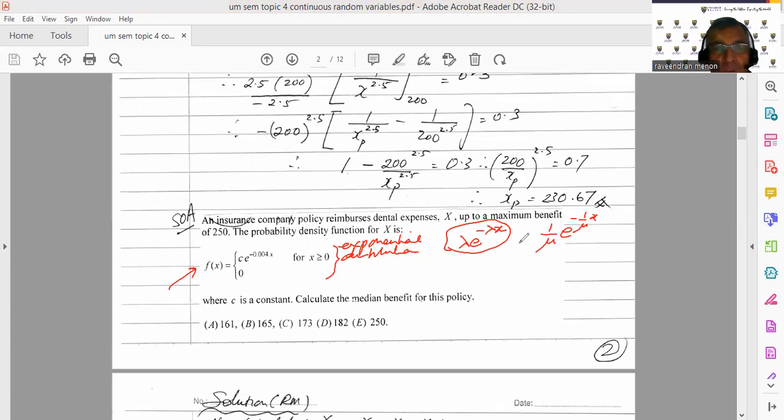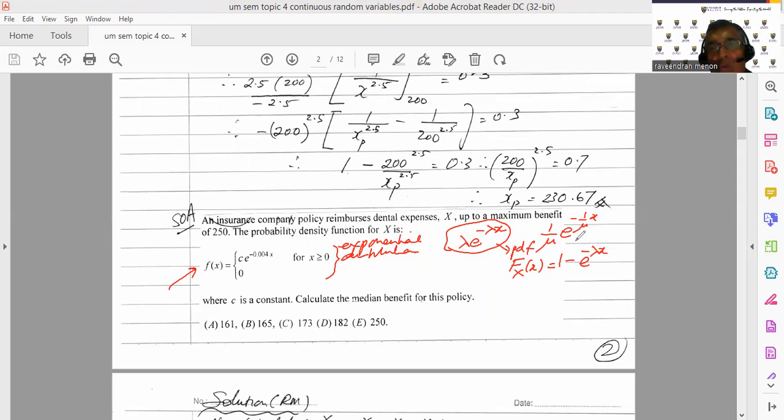Either way. Good. So when you deal with a PDF like this, okay, let me tell you all the general things first, right? When you deal with a PDF like this, the exponential distribution, you will know soon that your CDF is what? 1 minus e to the power minus lambda x. Not a big deal, right?